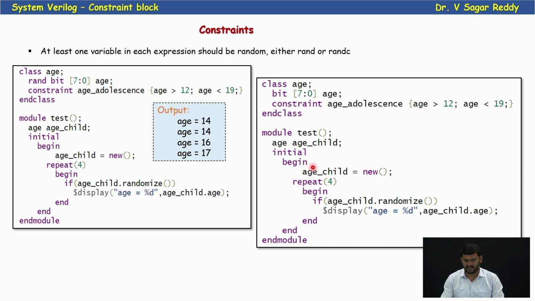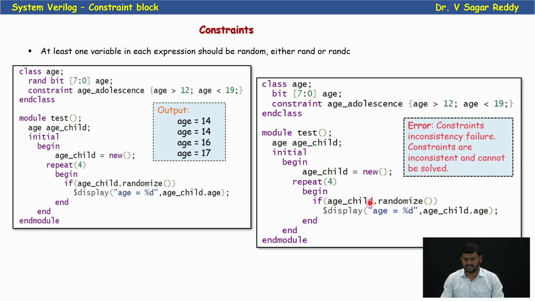If I randomize this object 4 times, what will be the output? Here we can see the output: constraints are inconsistent, failure. Constraints are inconsistent and cannot be solved because this object does not contain any random variable.